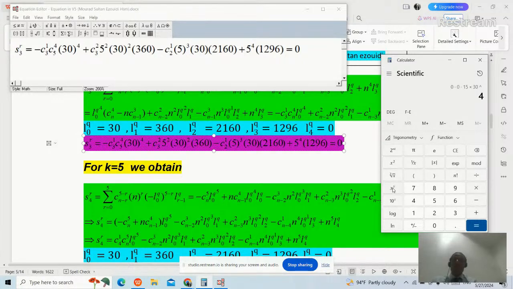Then plus, learners, combination 3 choose 2 is 3, times 5 squared is 25, times 30 squared is 900. Okay, plus 3 times 25 times 0, no change.